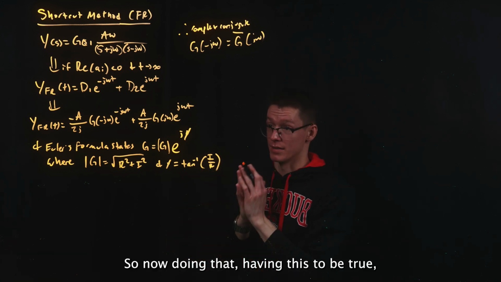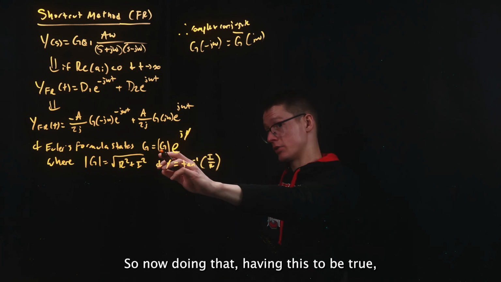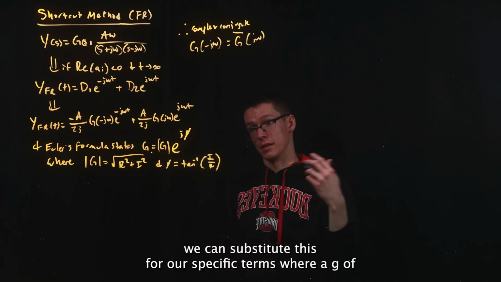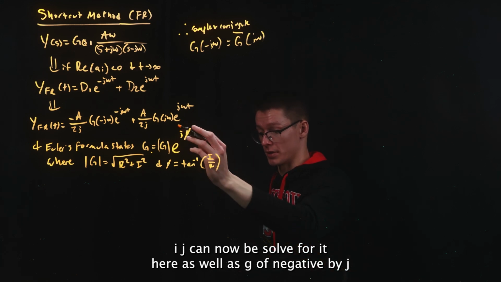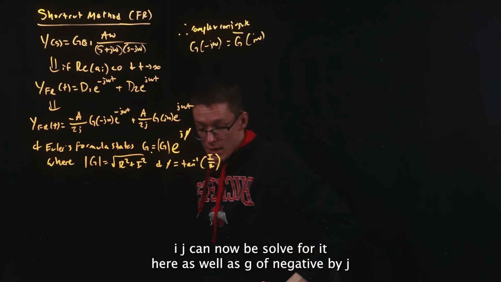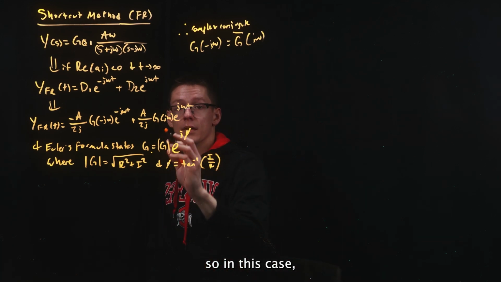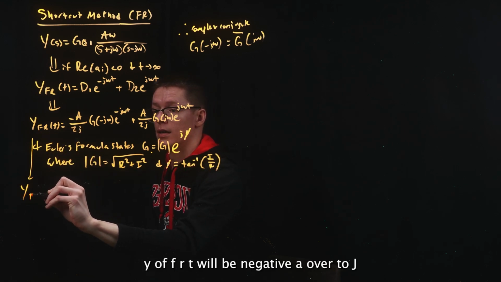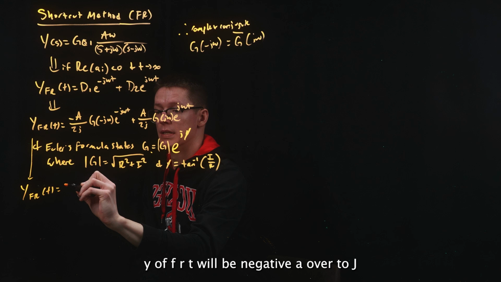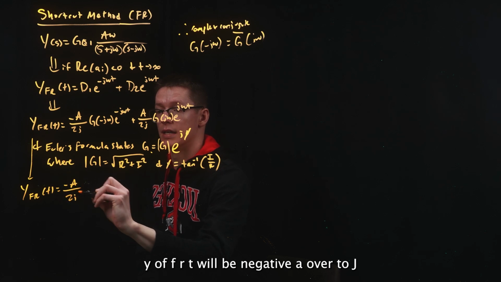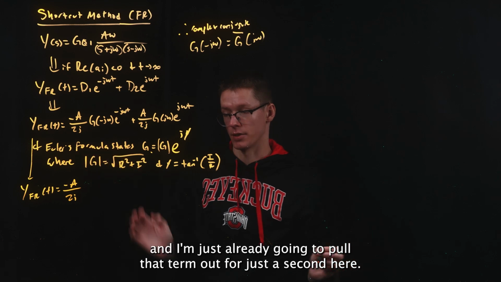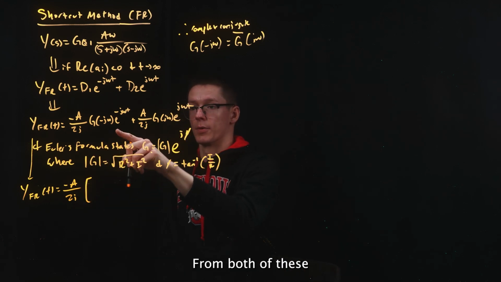So now, having this be true, we could substitute it for our specific terms, where g of jw can now be solved for in here, as well as g of negative jw. So in this case, y of t will be negative a over 2j, and I'm already going to pull that term out from both of these.